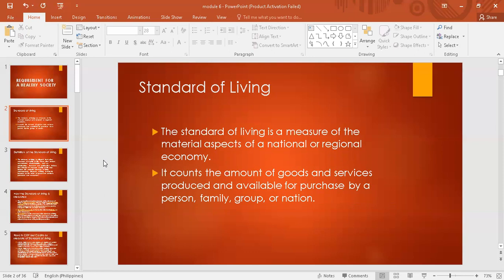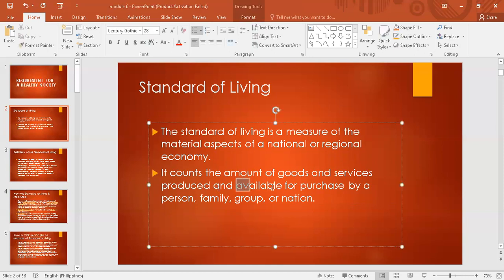Those consumable products, it is not only produced, the amounts of these goods and services must be available for purchase. Sino ang nagpo-purchase? Person or individual, consumers, tinatawag natin consumers. The family or consumers or customers. Okay.